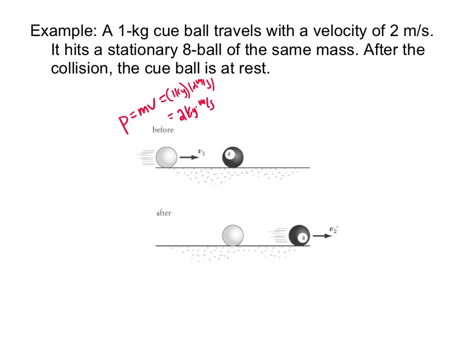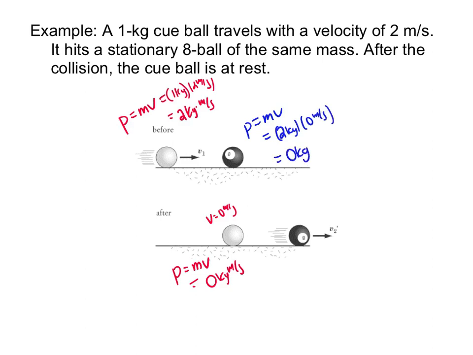And at the end, it's not traveling, it's at rest, and that makes its momentum 0. If we take a look at the 8 ball, sorry, its momentum is going to be 0 because its velocity is 0. So its initial momentum is 0 simply because it's not traveling.